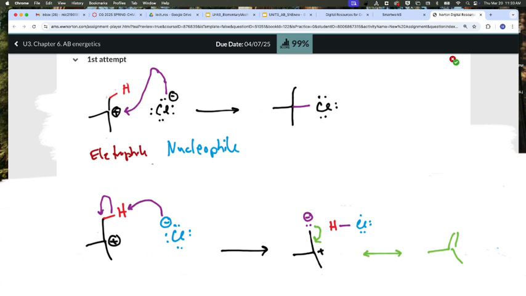I should have drawn the green structure. But my arrows took me to the black structure, which means my arrows are incorrect. How do I fix them? Just run it to the bottom.